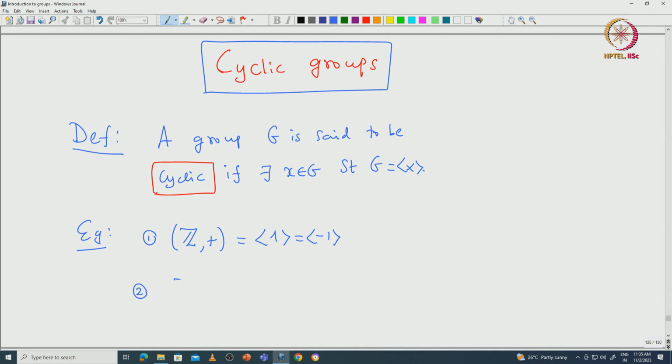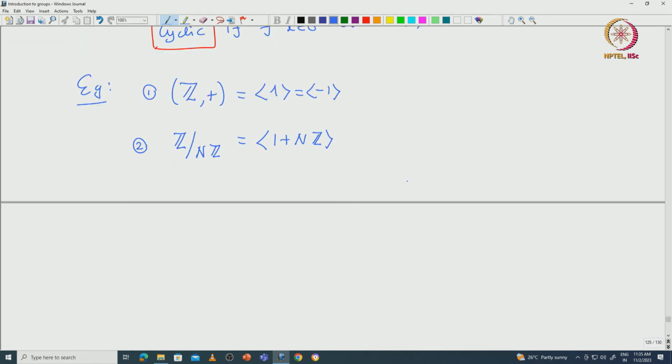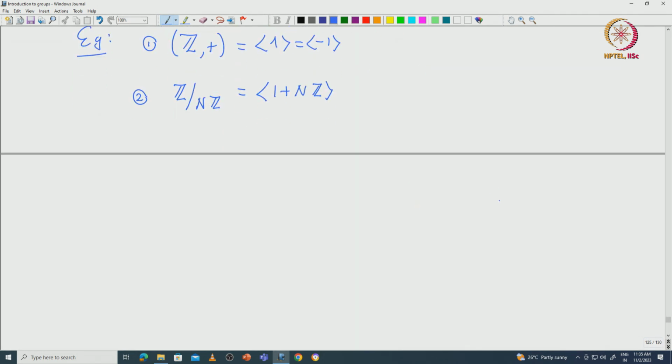So, if we take Z modulo nZ, then we have seen that this is again generated by 1 plus nZ. Okay. So, we can also take what is called the nth roots of unity, which we denoted by U_n. So, this is those x in C such that x to the power n is identity.